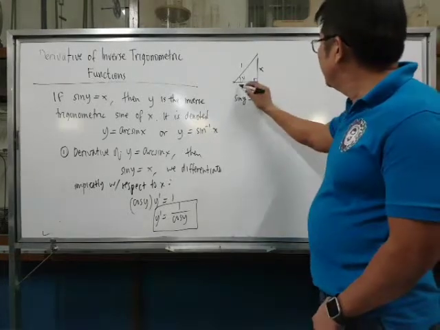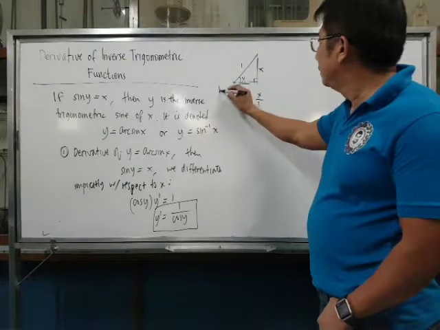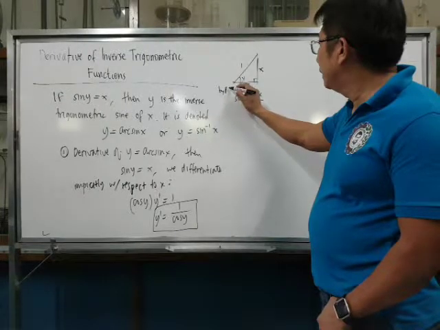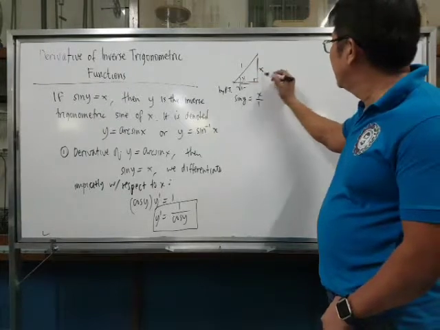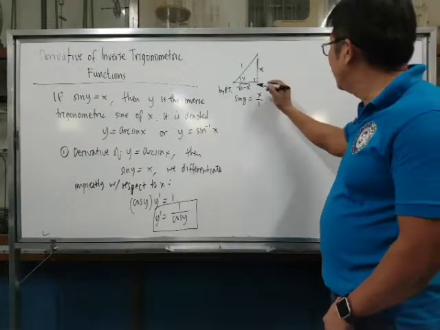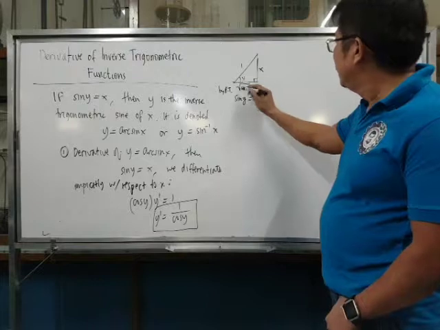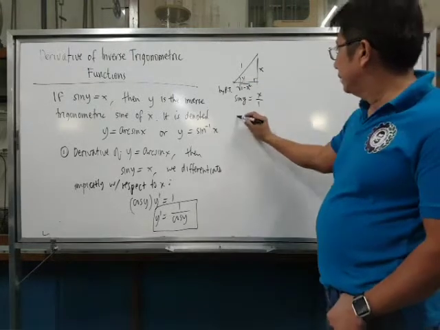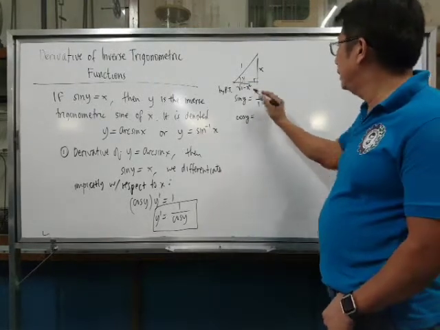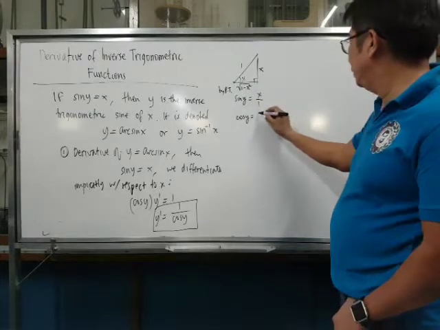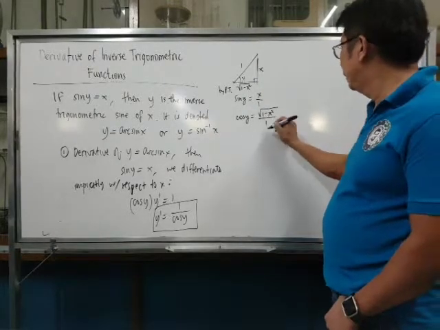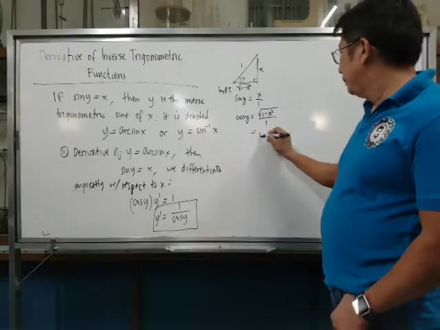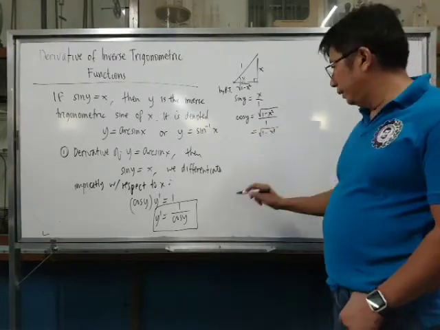Now by the Pythagorean theorem, this side equals the square root of the hypotenuse squared minus the other leg squared. So notice that cosine y is adjacent over hypotenuse, so the square root of 1 minus x squared over 1, or simply the square root of 1 minus x squared.